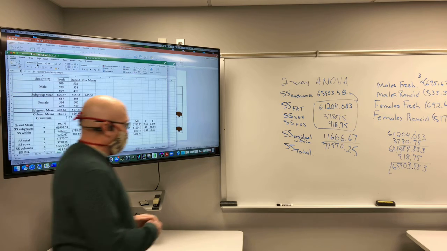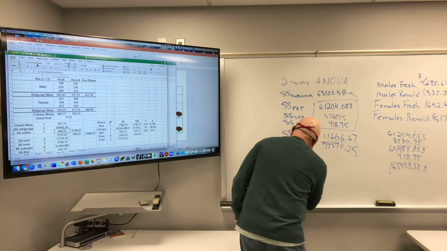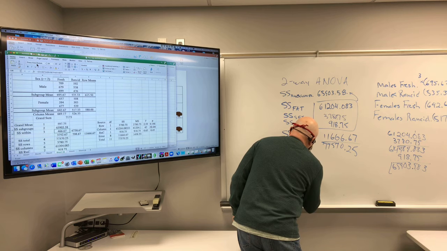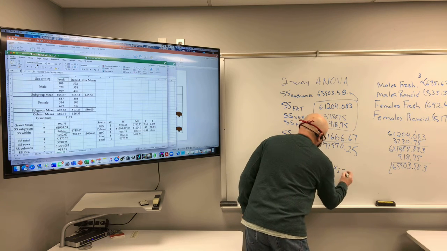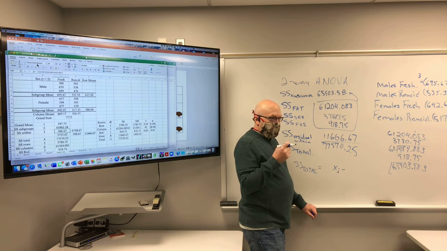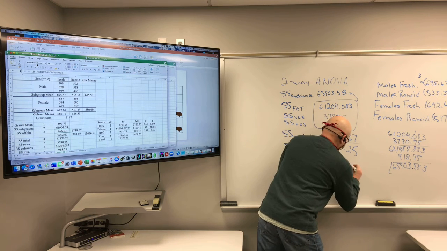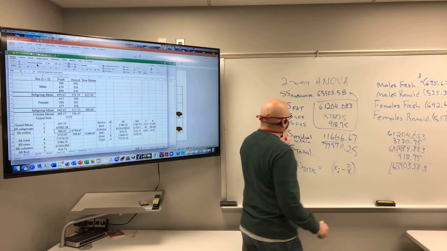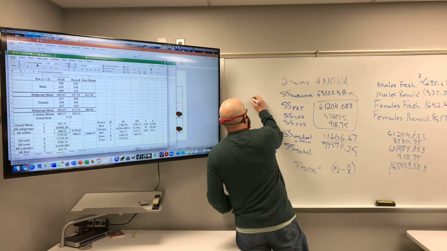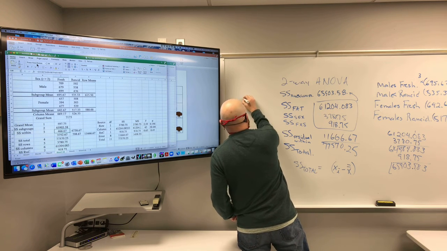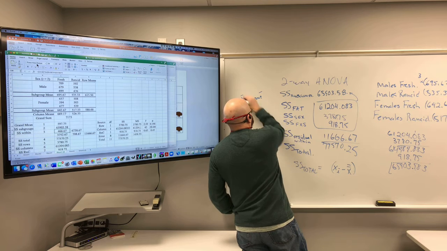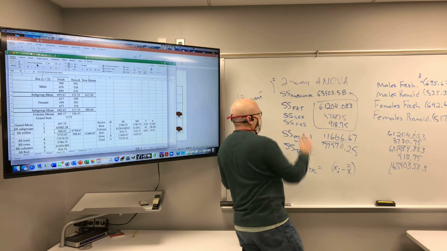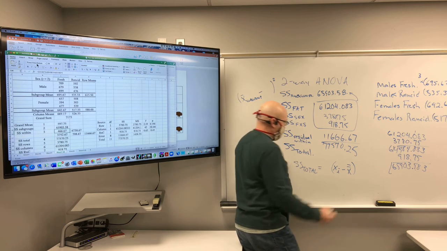I erased it. When we were doing sum squares total, we compared each individual data point to what? The grand mean. When we were doing sum squares subgroups, we took each subgroup mean and compared it to what? The grand mean.